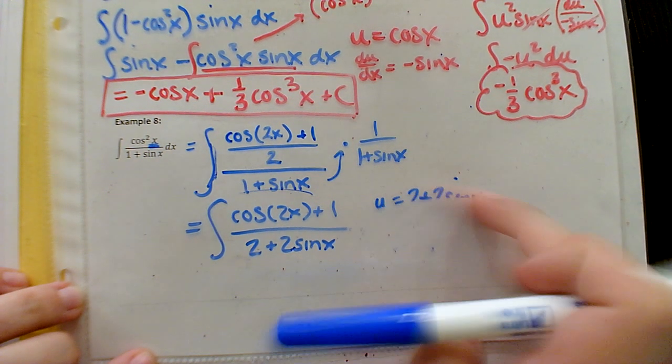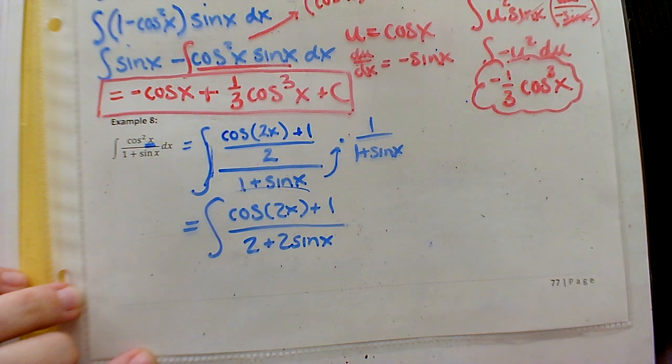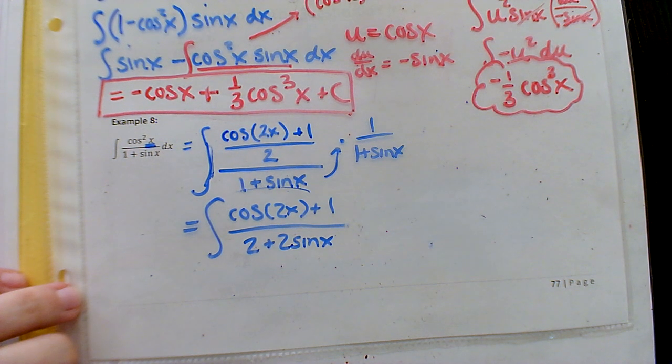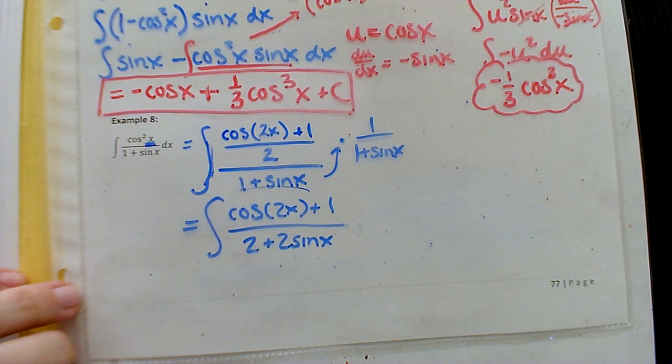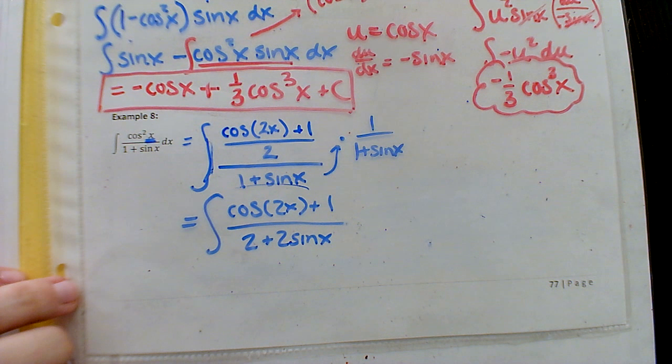So U substitution might not work. We can't do by parts because we're not multiplying two different functions together. We said partial fractions may have worked, but we couldn't cancel out the b. Abandon ship. Try something else.